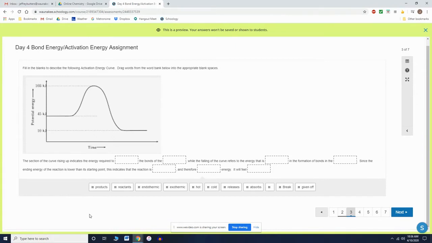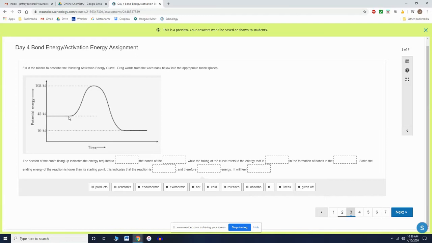Question number 3 involves identifying key information from a graph known as a reaction coordinate diagram, also called an activation energy curve. When you look at one of these diagrams, you will see a flat portion at the start. This is representing the amount of potential energy of the reactant molecules.